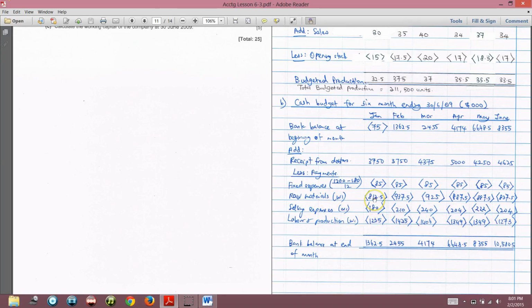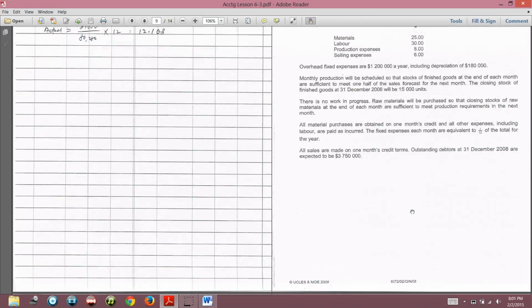So next, raw materials. Now raw materials is a bit tricky. So now monthly production, okay, here there's no work in progress. Now look here. Raw material will be purchased so that the closing stock of raw material at the end of each month is sufficient to meet the production requirement in the next month.